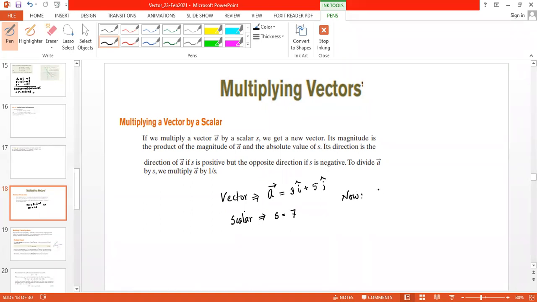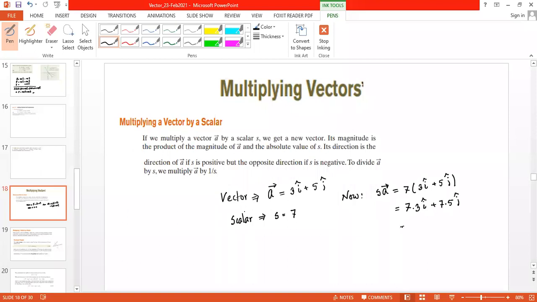I want to multiply s with vector a. Now put the value of s here, and a means 3i plus 5j. In this kind of multiplication, you have to do the normal multiplication. Just simply multiply: 7 times 3i plus 7 times 5j.